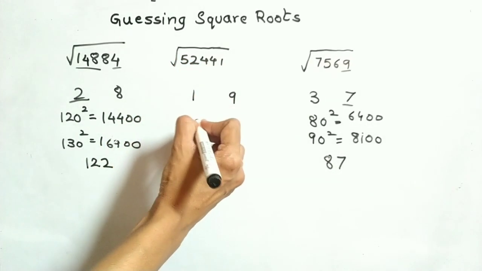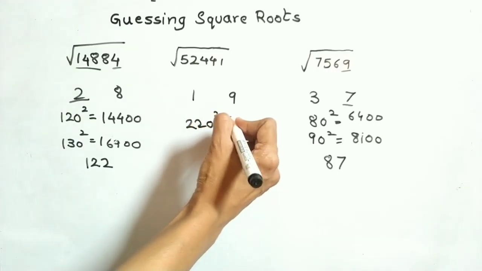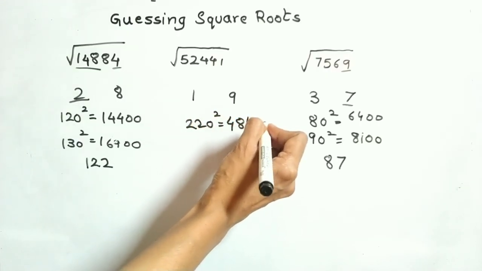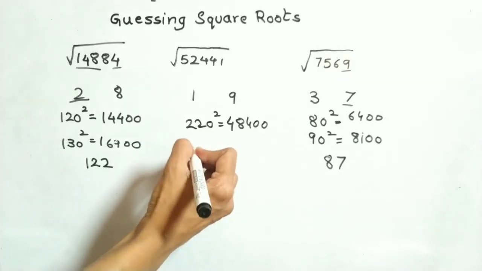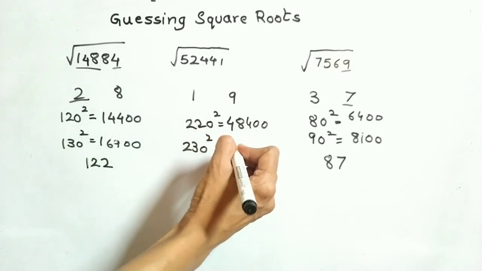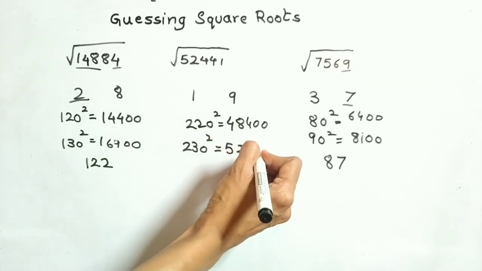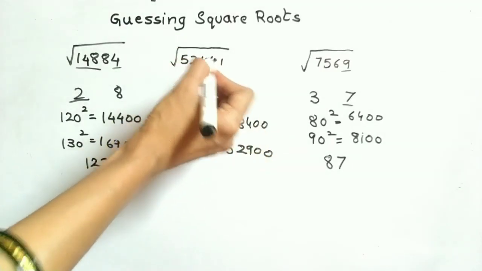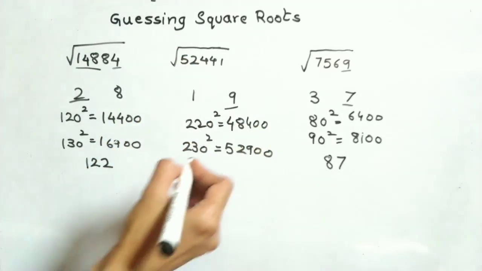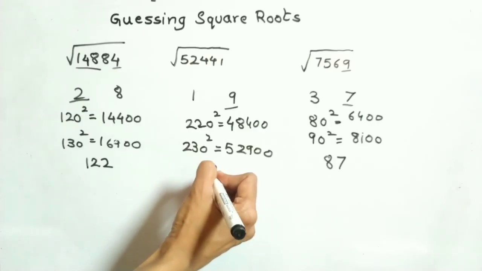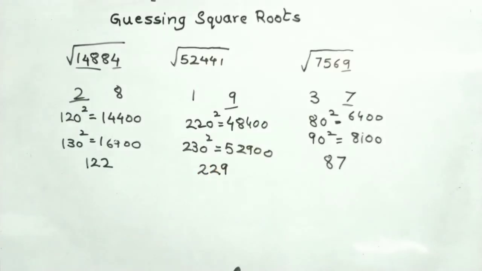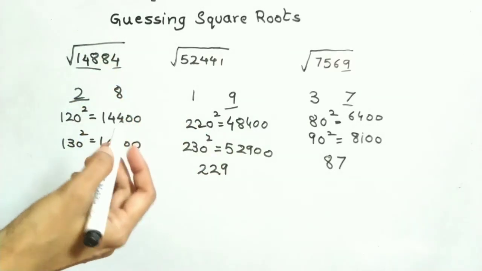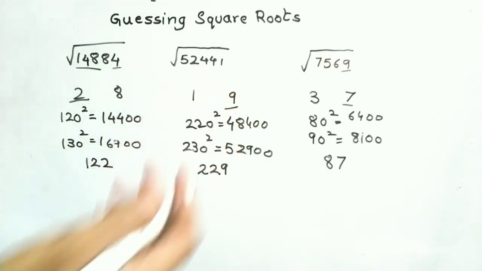So 220 square will be 48400 and 230 square is 52900. Okay. Now this is nearer to this number, so we select this one and your answer is going to be 229. So this is how roughly we can guess the square roots of bigger numbers.